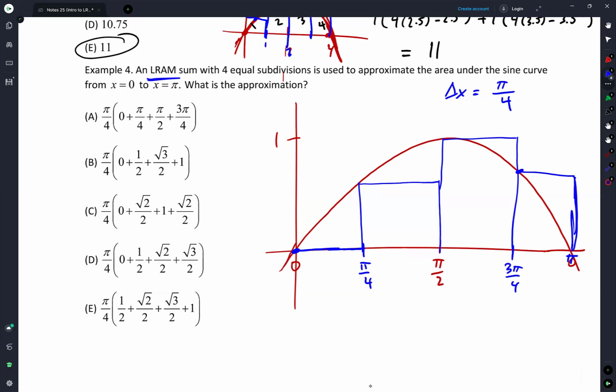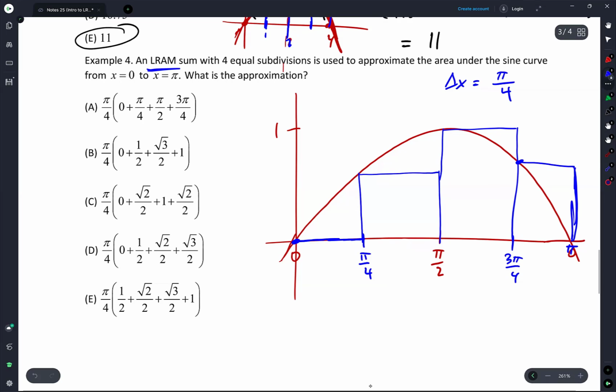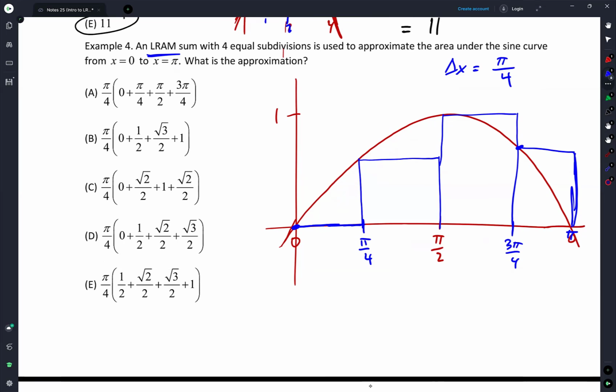There's how it looks. There's a little bit below, there's a little bit above. I'm not sure how close it is to the exact, but they don't want that. They just want to know what the approximation is. So here we go. The width of each one is pi over 4, so there's my pi over 4 out. I need my height.